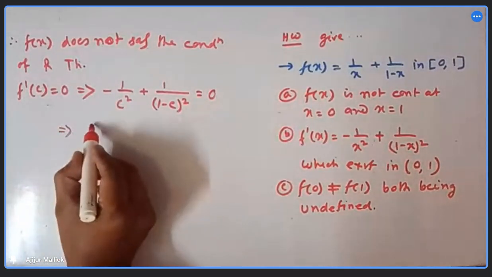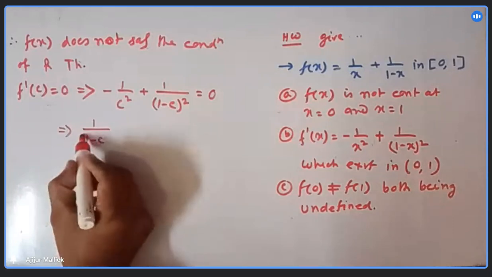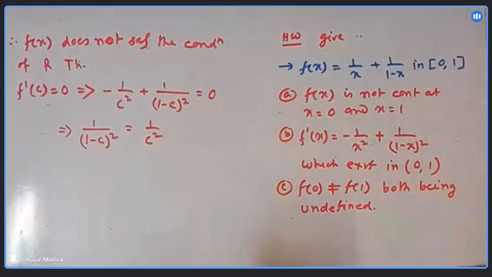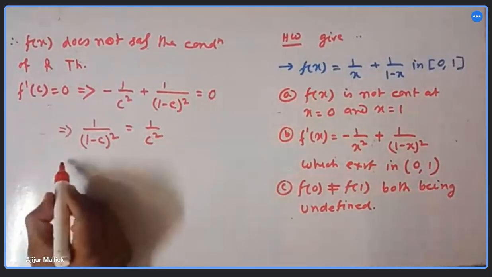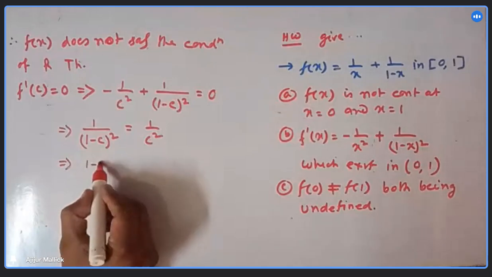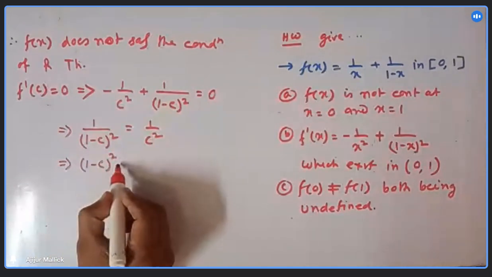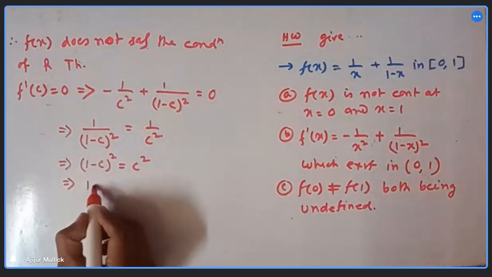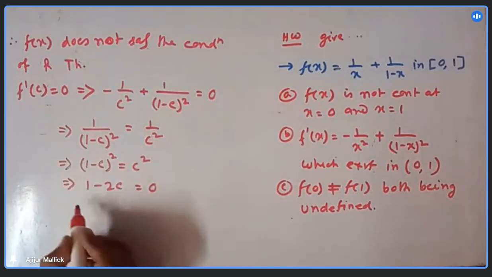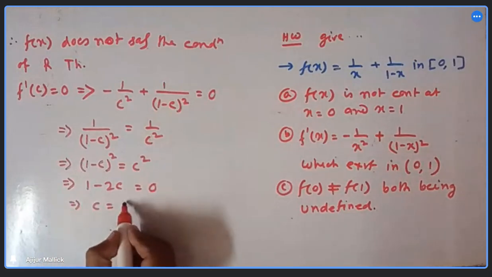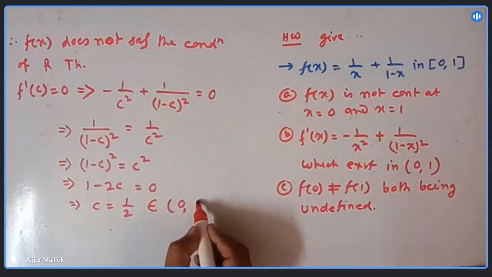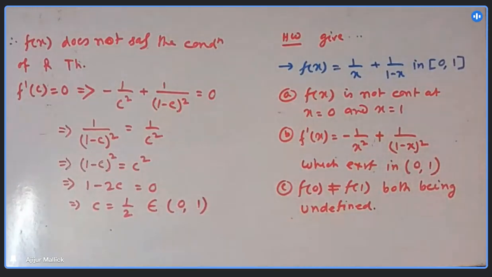We are getting 1 by (1 minus c) whole square is equal to 1 by c square. So this will give you (1 minus c) whole square is equal to c square, so 1 minus 2c is equal to 0. c is equal to 1 by 2. This lies between 0 and 1.